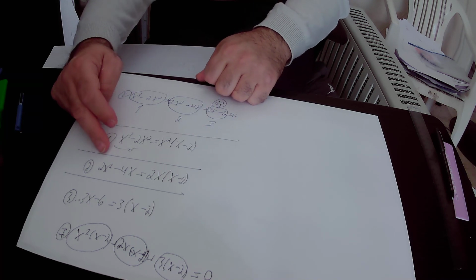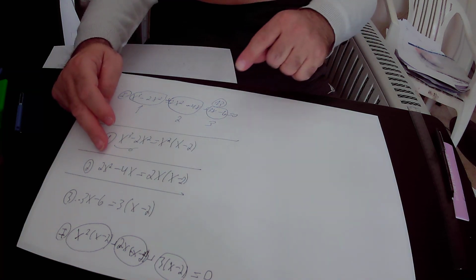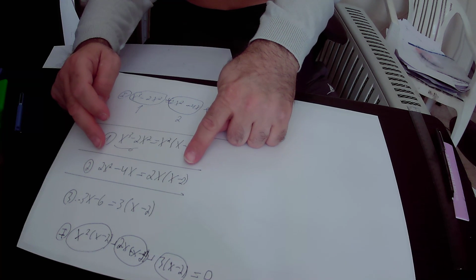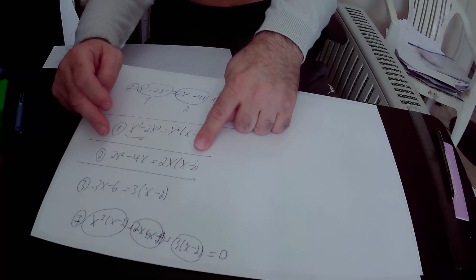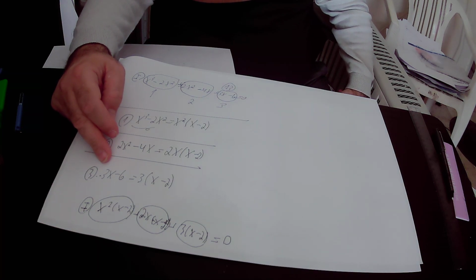Then we took a common factor from 2x squared minus 4x. The common factor is 2x, and what is left inside the brackets is x minus 2. And we took a common factor from 3x minus 6.